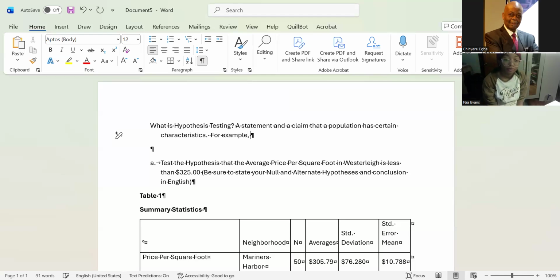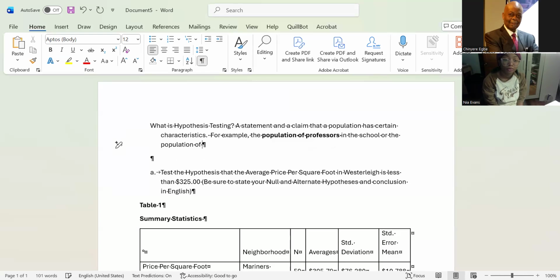For example, the population of professors in the school, or the population of students that attended school today, has certain characteristics.